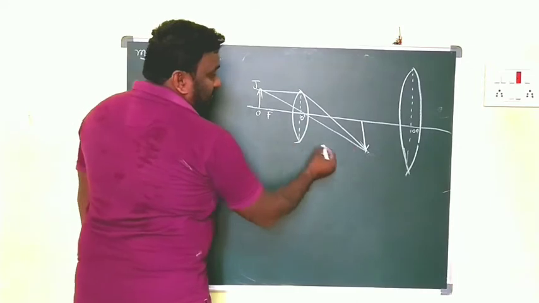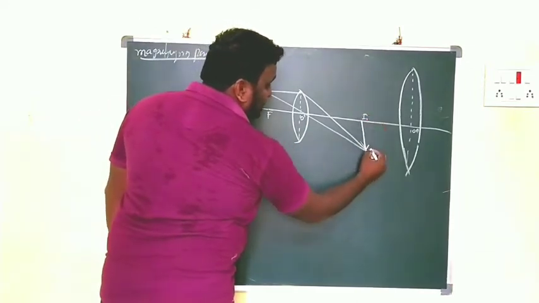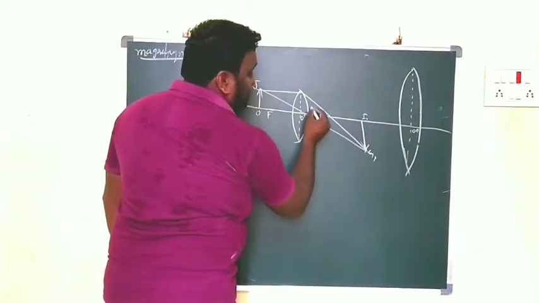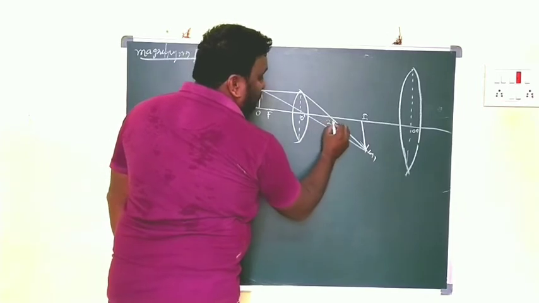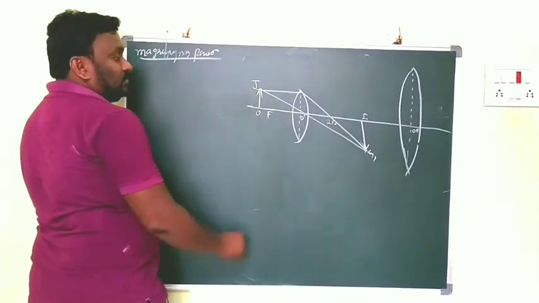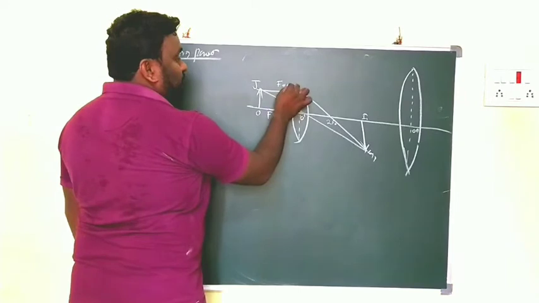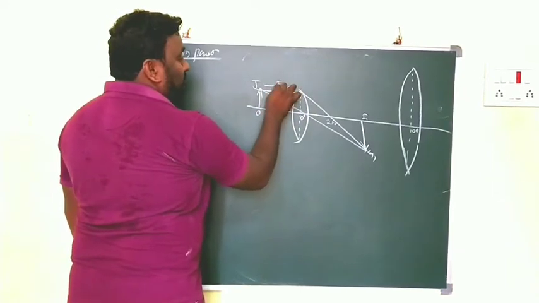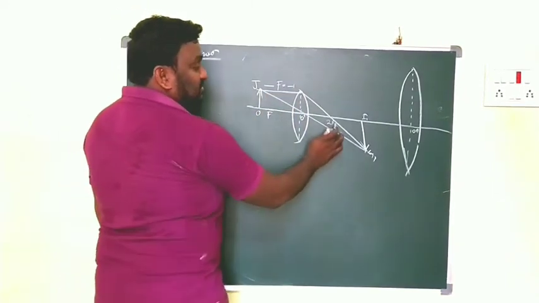And now here this is I1 G1, and there should be a distance of 2F now, 2FO. This is FO, the focal length of the object lens, and this is 2FO.